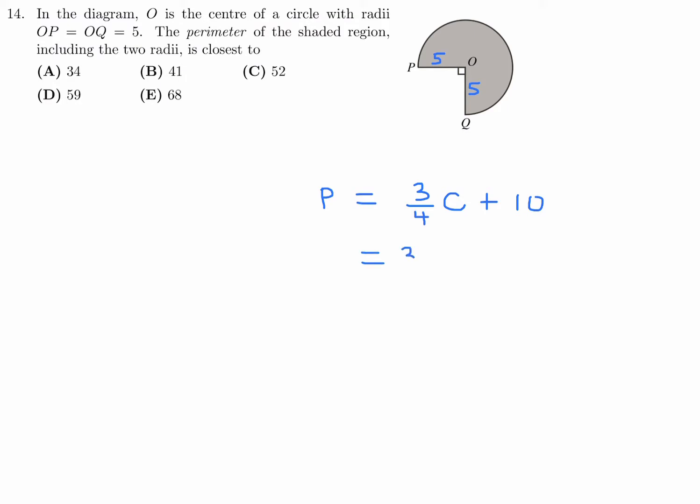So the perimeter will be 3/4 the circumference plus 10. Well, the circumference of any circle is given as pi times 2 times the radius. So the radius is 5. So this becomes 3 pi times 2 times 5 all over 4 plus 10.